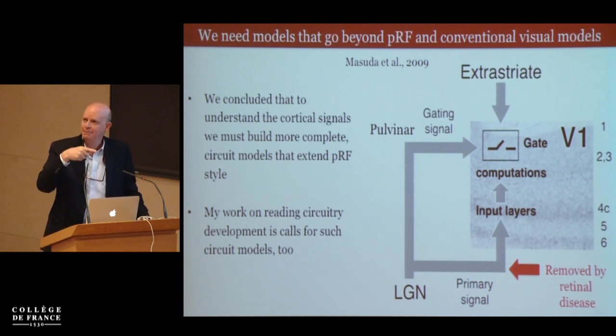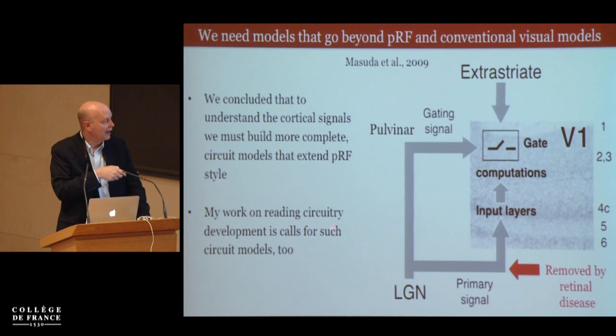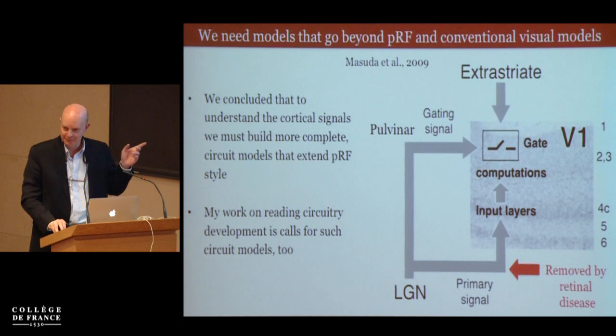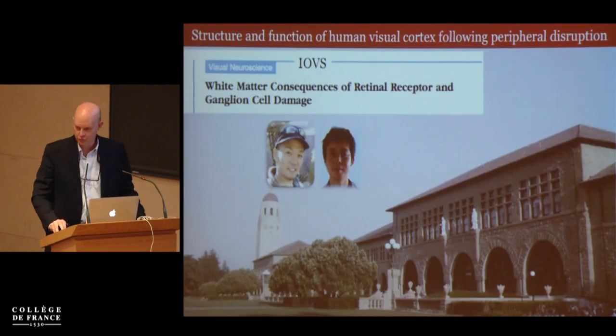The simple population receptive field linear filtering model is too simple for cases like this. You need to have switches, circuits, stuff like that, or else you're never going to be able to get phenomena like this. So that's something that's really important for us. I continue to do a lot of work on reading, and I have exactly the same need for these models in the case of reading as well.